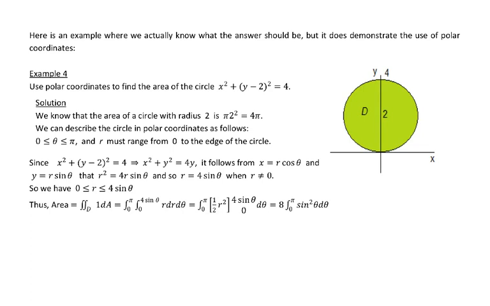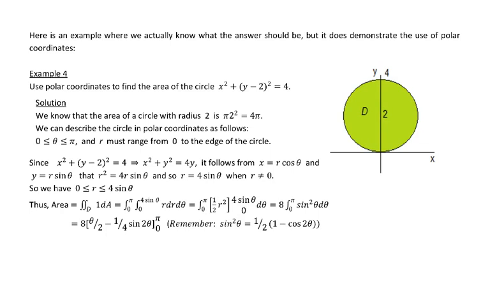We can now find the area as the double integral over D of 1 dA, which we then convert to a double integral with polar coordinates from 0 to pi, 0 to 4 sin theta, and remember the Jacobian r. You can check the rest of those calculations, and let's have a look at the final steps.